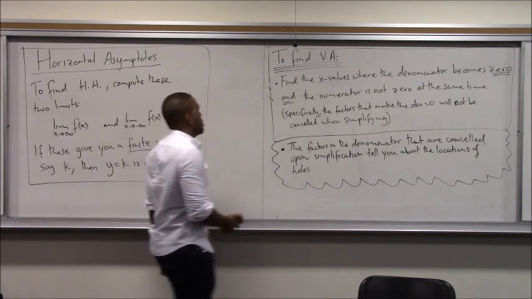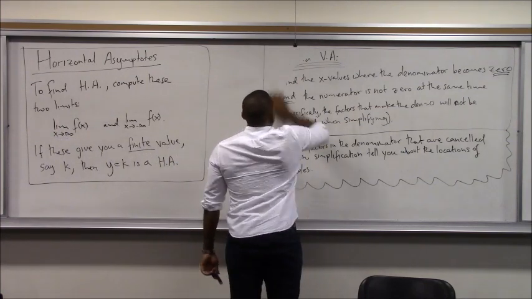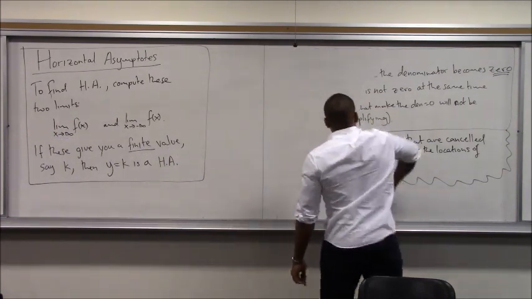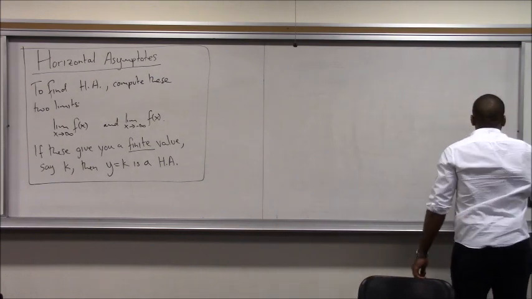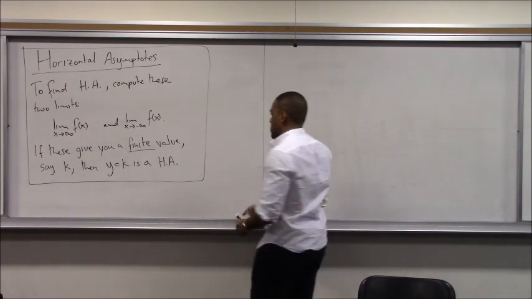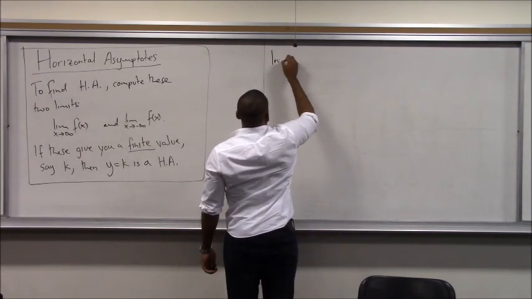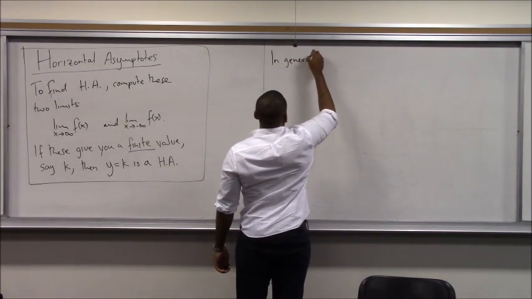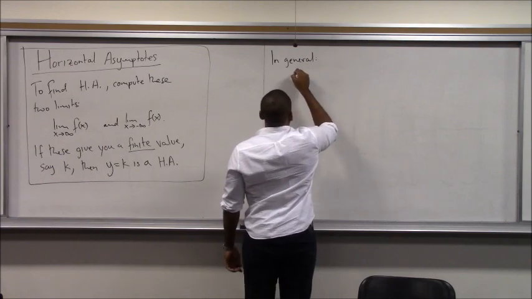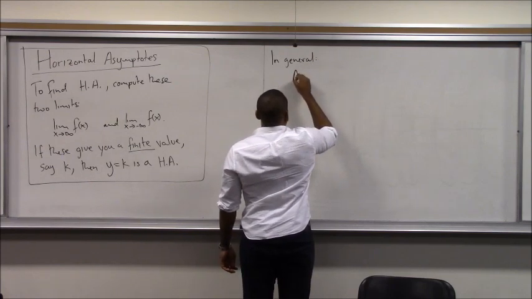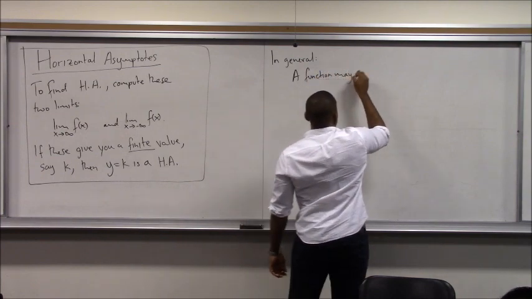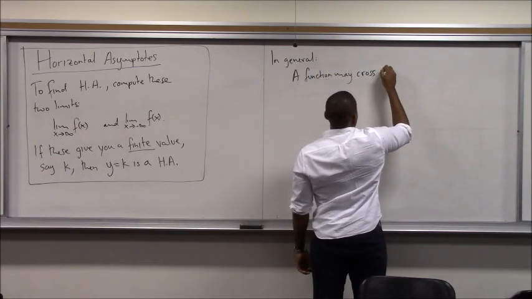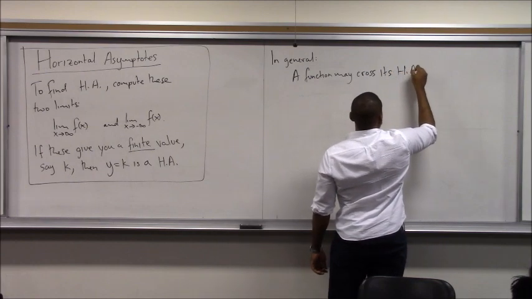I should mention something just in case someone throws a graph into the mix and asks you about these. In general, a function may cross its horizontal asymptote, right?